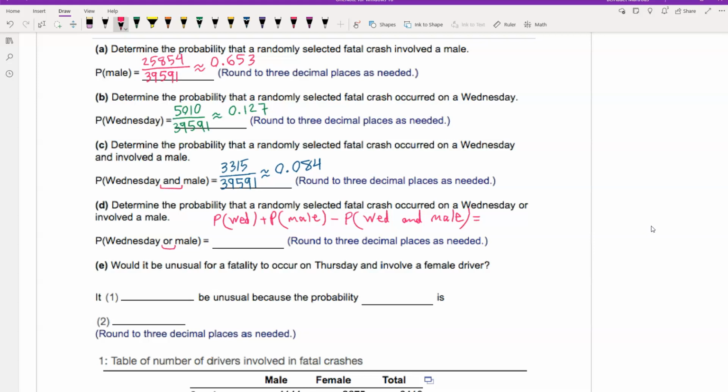Here we have 5,010 divided by total, plus for male divided by total, minus what we had in common divided by total. So the denominator will not change, it is the same.